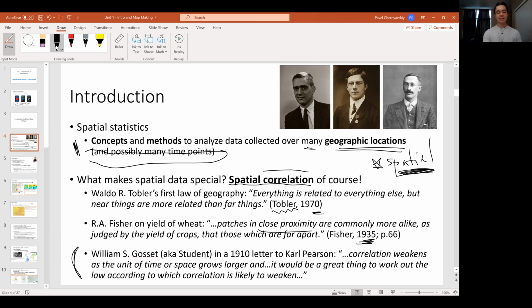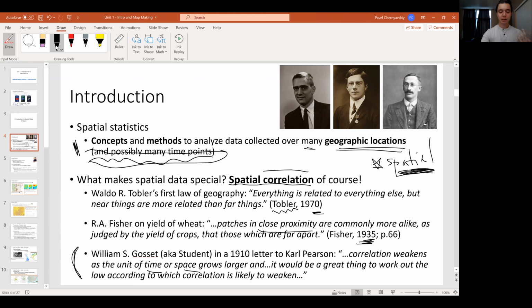So William Seeley Gossett, also known as Student, he wrote in 1910 to Karl Pearson that he noticed correlation weakens. Correlation measures how alike things are. Correlation weakens as the unit of time or space, remember what I said about time and space, grows larger. And it would be a great thing to work out the law to which correlation is likely to weaken.